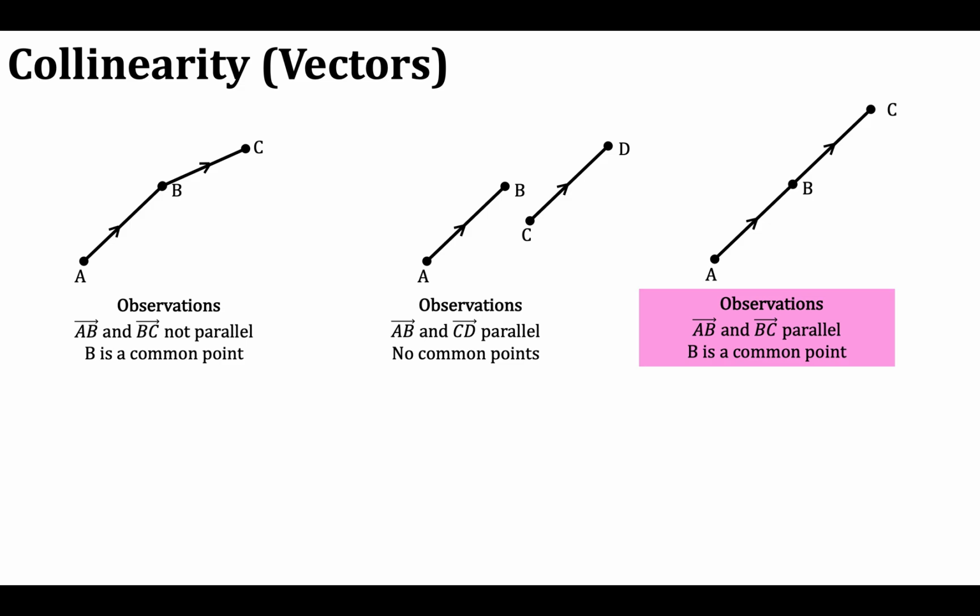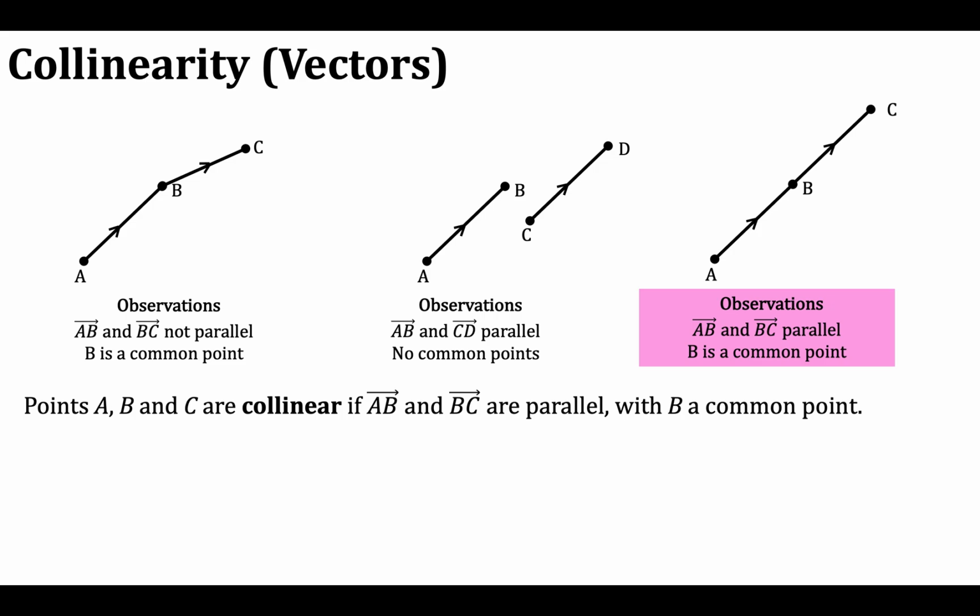In the second diagram, we don't have any common points, but we can see that this time the two vectors that we've been given, AB and CD, are parallel, but because there's no common points, that's not an example of collinearity. And for the third diagram here, the one which is highlighted, we can notice that AB and BC are parallel, they're both going in the same direction, and B is a common point. So therefore, we have collinearity there.